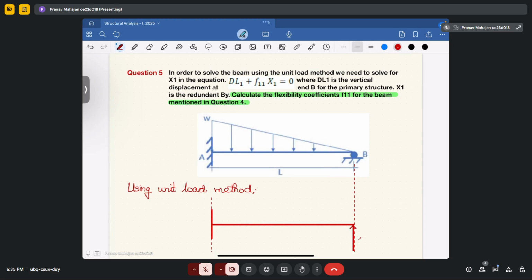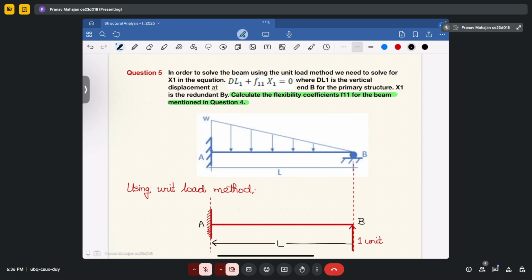So this is your 1 unit. And this is your cantilever end. This is your end A, this is your end B, and your total length is L. Now what you need to do, you need to determine the flexibility coefficient.